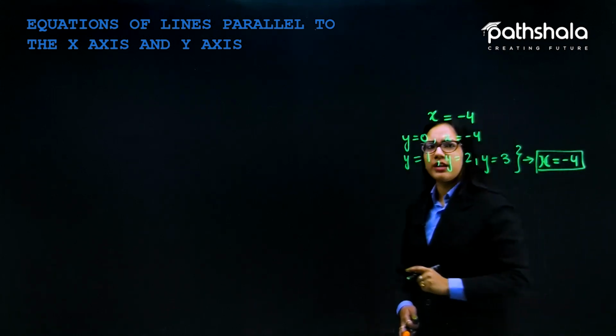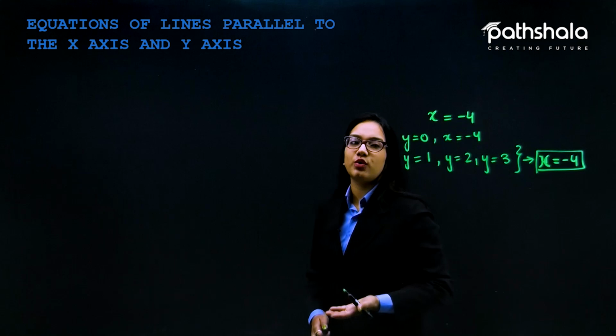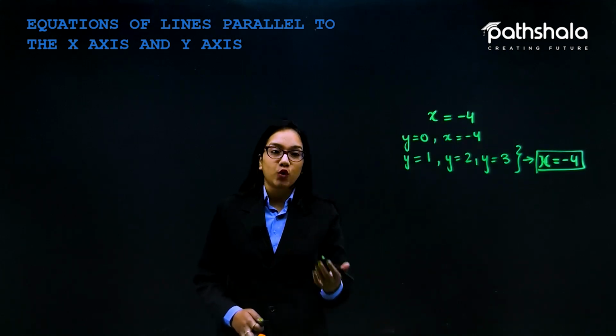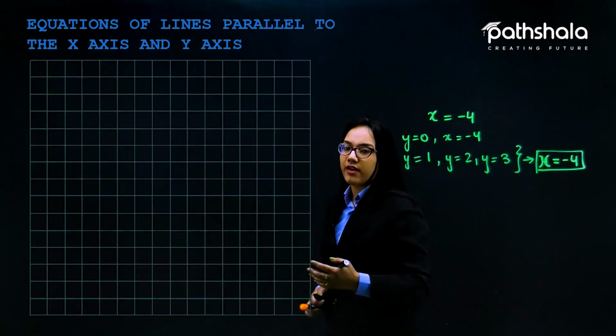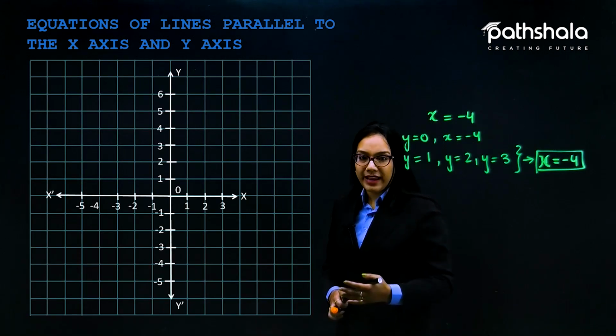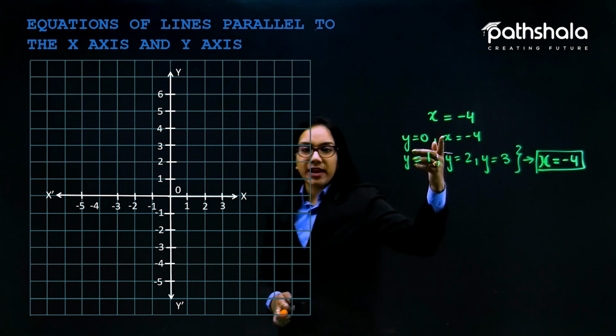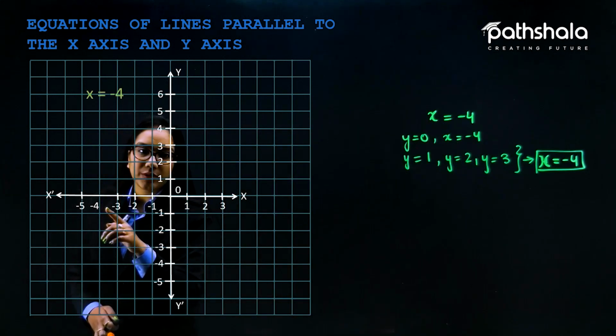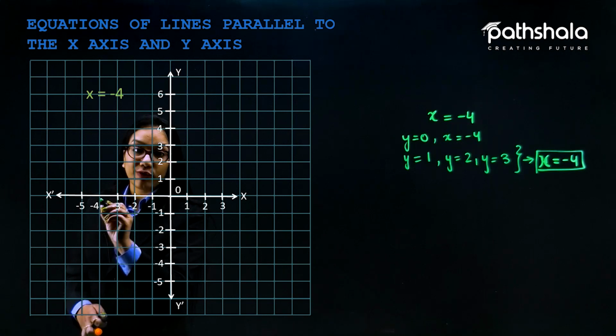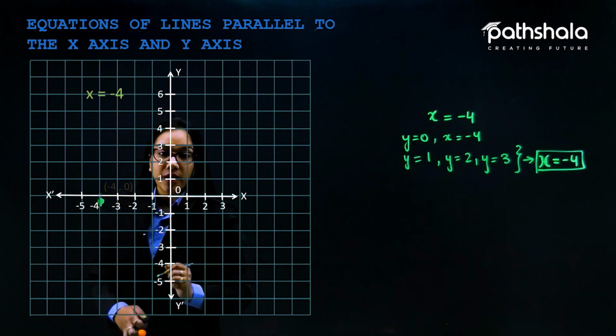So we can take the coordinates as (-4, 0), (-4, 1), (-4, 2), (-4, 3) and so on. So let us suppose I am taking the xy plane over here, so x is -4, so we can see this is the point that is actually representing x as -4.